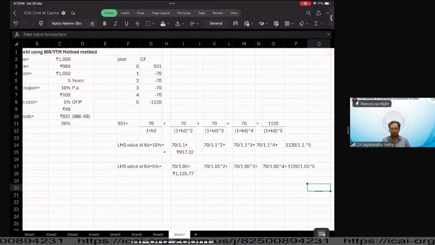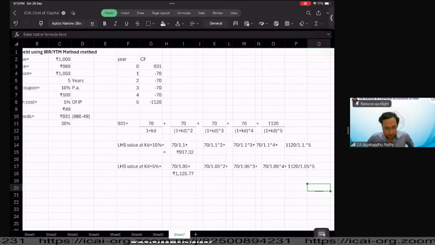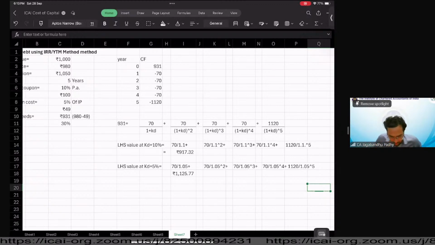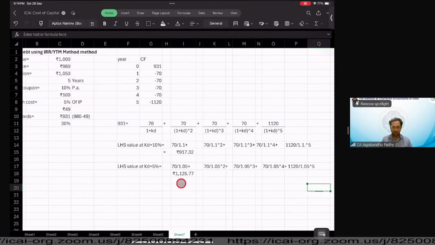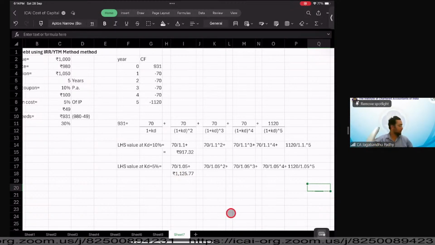Check if it is 1125.77. Just verify if you're getting this value as 1125 at cost of debt of 5%. You're getting this? Okay, perfect.